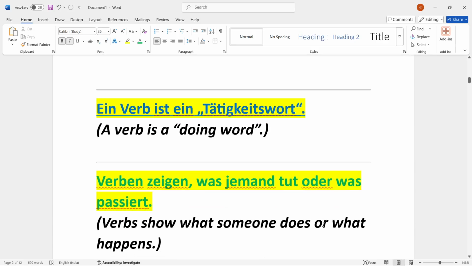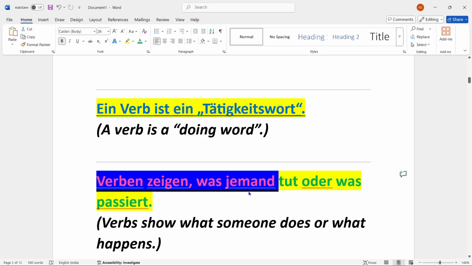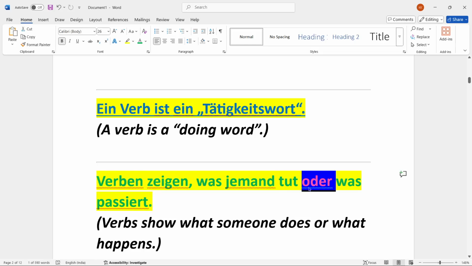Verben zeigen, was jemand tut oder was passiert. Verben zeigen, the verb shows, was jemand tut, what someone does, oder means or, oder was passiert, or what happens.